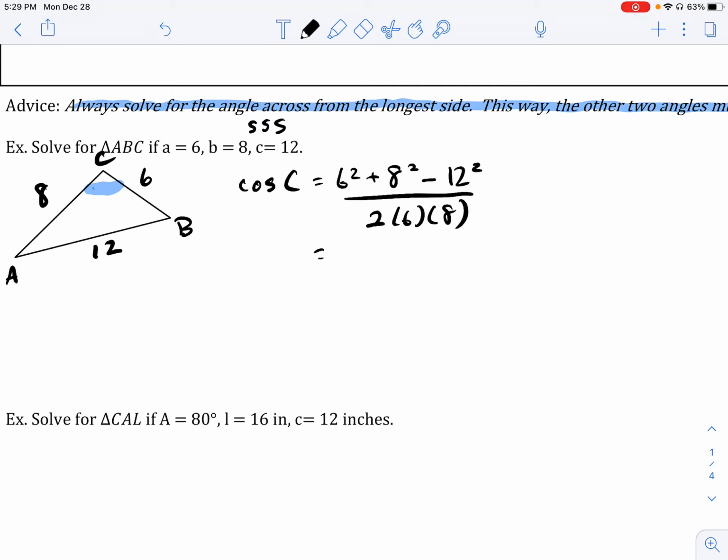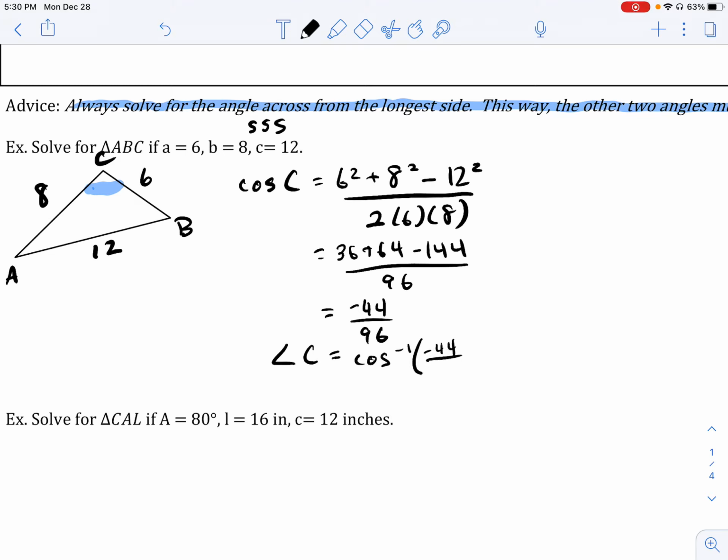Now, we can just use our calculator for this, but if we were so inclined, we can just start writing this out. All over 12 times 8, which is 96. So cosine of angle C is equal to negative 44 over 96. So we can say that angle C here would be equal to the arc cosine of negative 44 over 96.